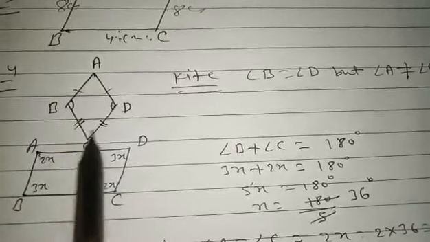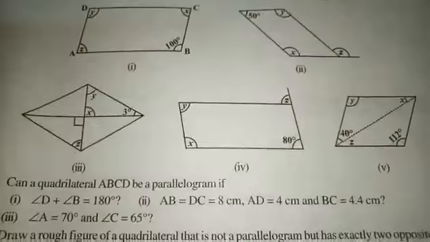Now you see question number 5. The measures of two adjacent angles of a parallelogram are in the ratio 3:2. Find the measure of each of the angles of the parallelogram. Clear? You see the answer of this question. Question number 5.